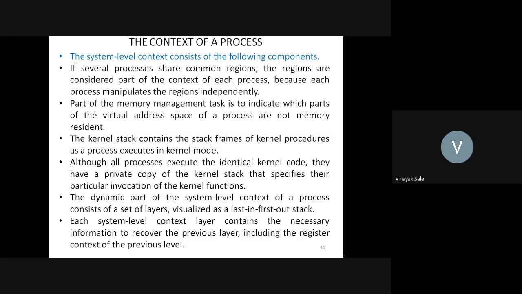Okay, last time we started the context of a process. In that, we saw that the system level context consists of the following components: several processes share common regions, that is, a region considered part of the context of each process because each process manipulates the regions independently.